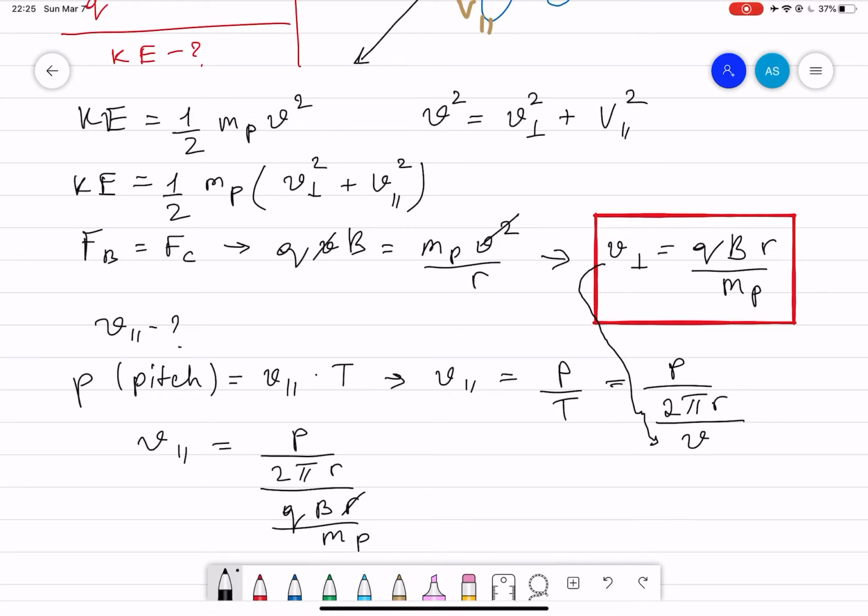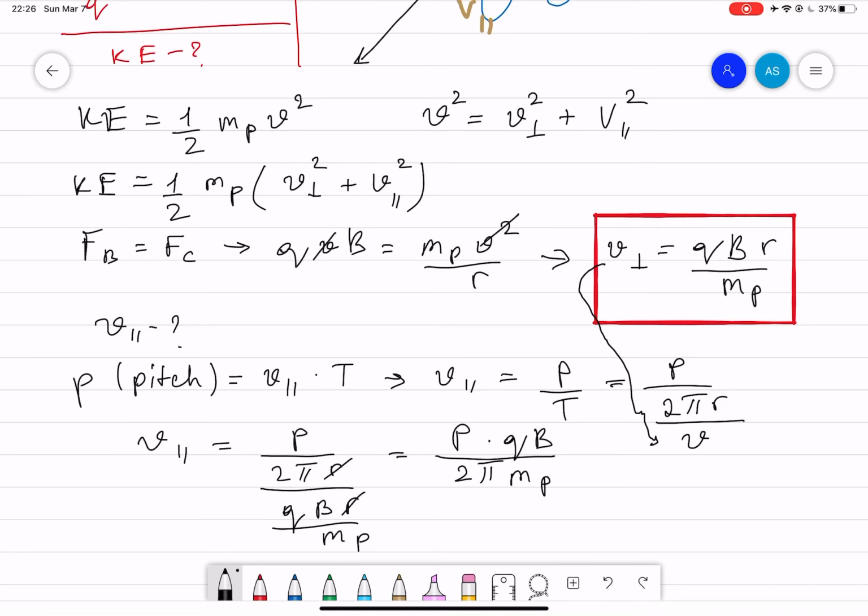So as you can see, r with r will cancel out. Then we will end up with the pitch multiplied by QB going up, right? QB goes up, then divided by 2 pi and mass of the proton.